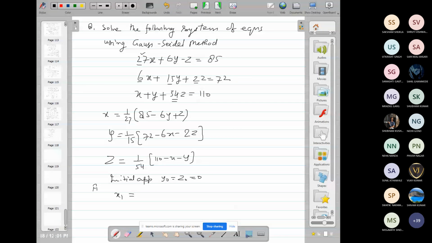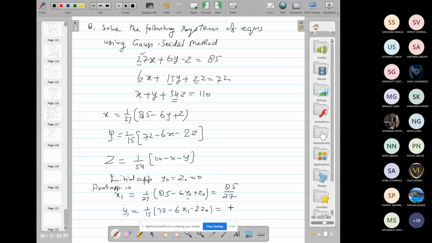The first approximation x1 is equal to 1/27 of (85 minus 6y0 plus z0). So this, with y0 and z0 being 0, gives 85/27. And the first approximation to y1 is 1/15 of (72 minus 6x1, here not x0, this is the difference, and minus 2z0).